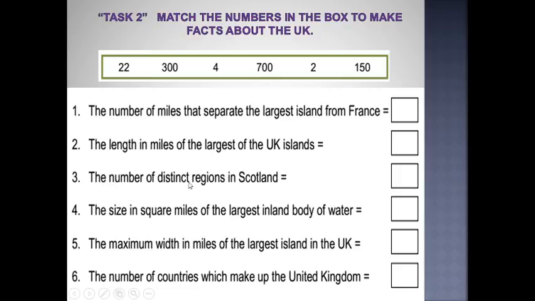The number of distinct regions in Scotland is 2. The size in square miles of the largest inland body of water is 150.